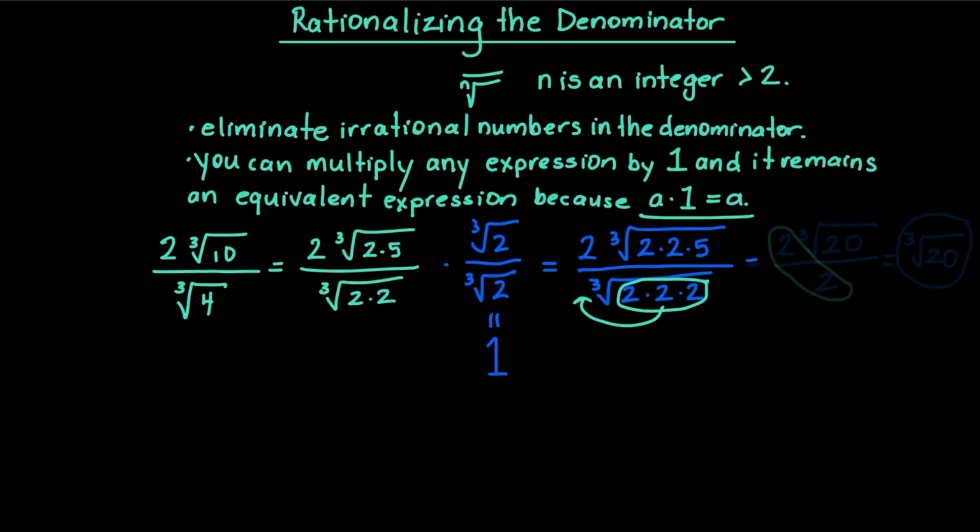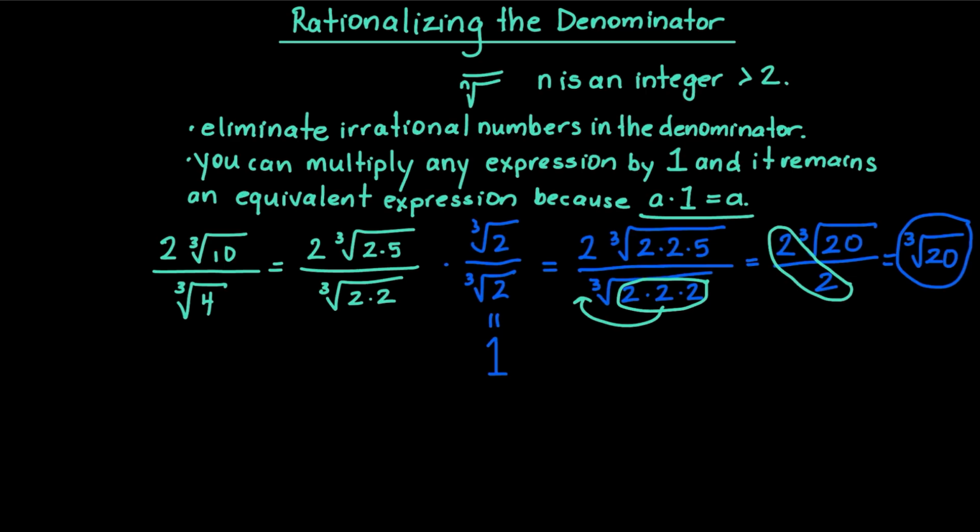At the top, 2, 2, and 5 are all prime, and I don't have 3 of either of them. So I just multiply, and that becomes the cube root of 20, and then 2 at the bottom. 2 divided by 2 I know is equivalent to 1. So my final answer is the cube root of 20.